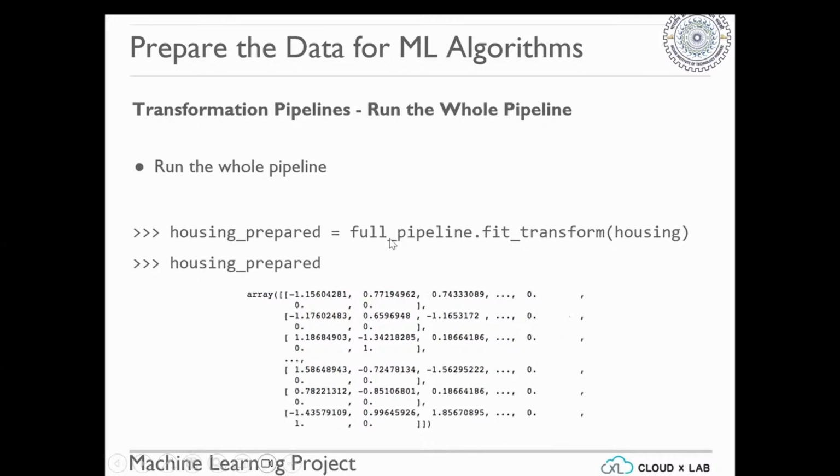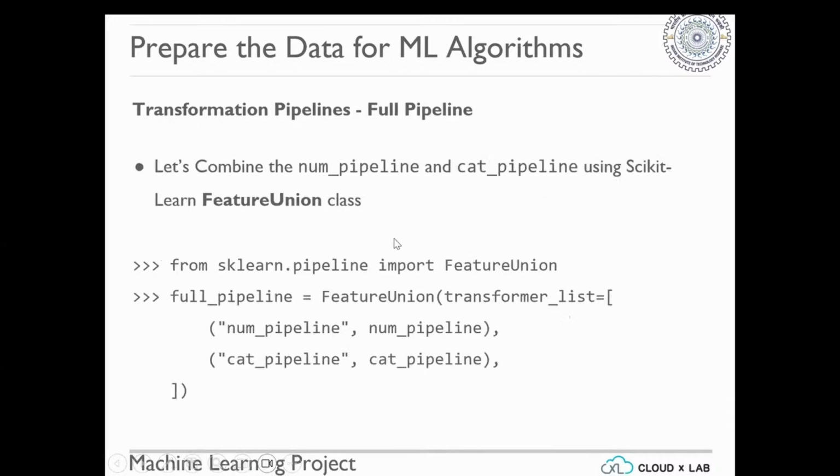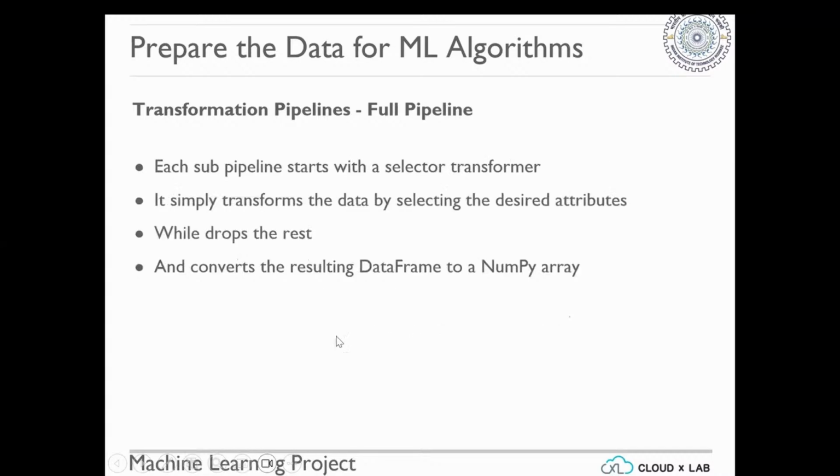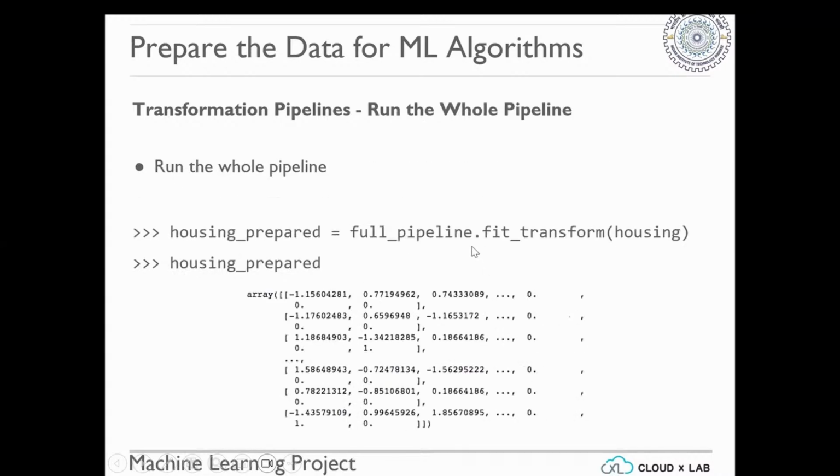Yes. So we can run this complete pipeline, right? Because we have defined full underscore pipeline is equal to feature union of these two pipelines, right? One pipeline for the numerical attribute, other pipeline for the categorical attribute. Now, if you want to execute this full pipeline, complete pipeline, which is nothing but a union of these two pipelines, you can write dot fit underscore transform function, right?